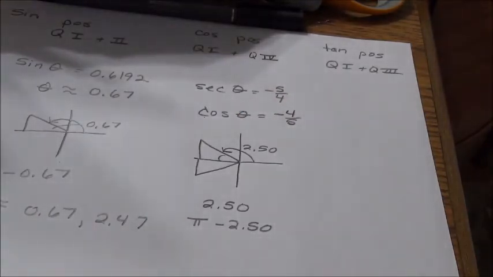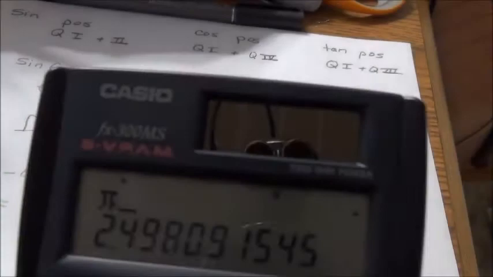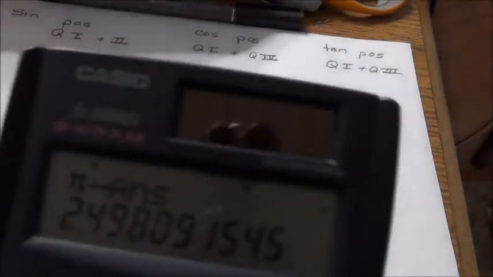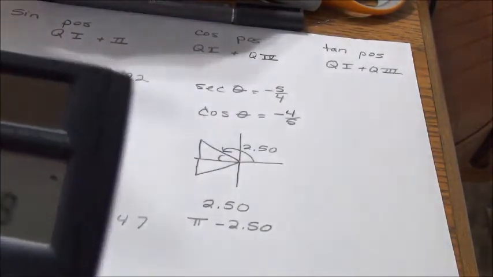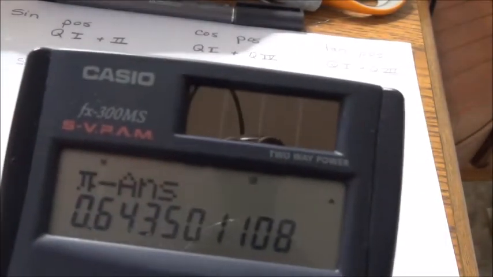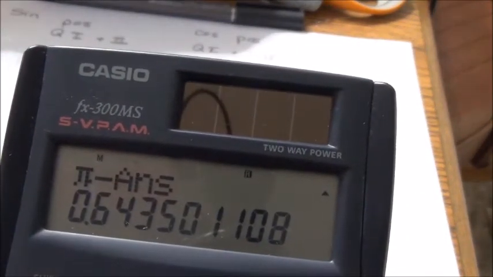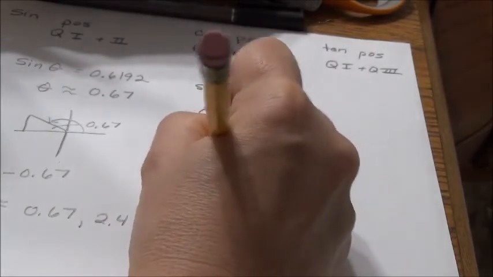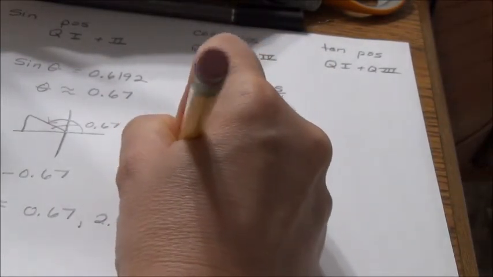Again, I don't like to round, so I am going to use my pi button on my calculator. Pi minus my answer. I hit equal. And so I know that the angle inside there is 0.64, which means this angle in here is also 0.64.